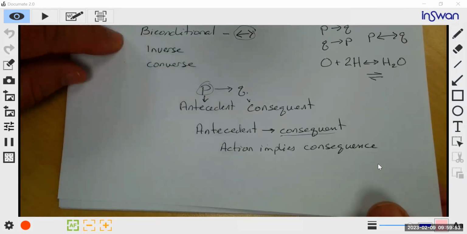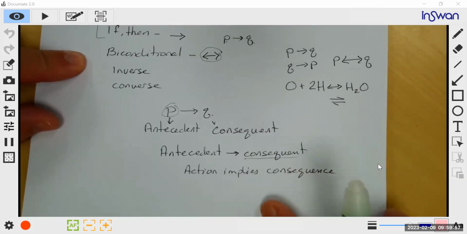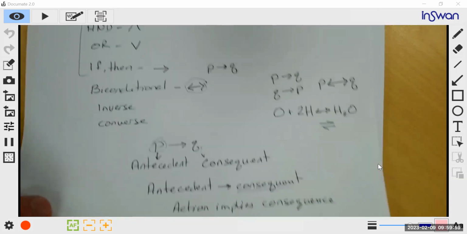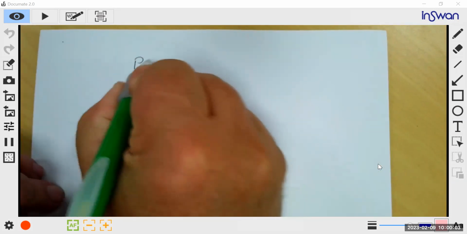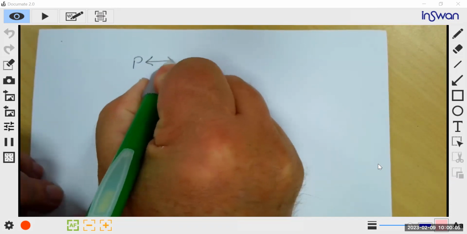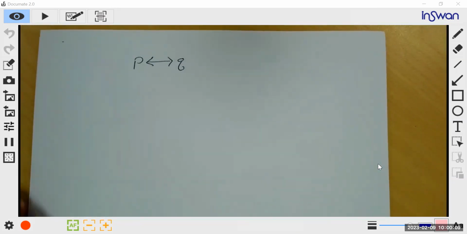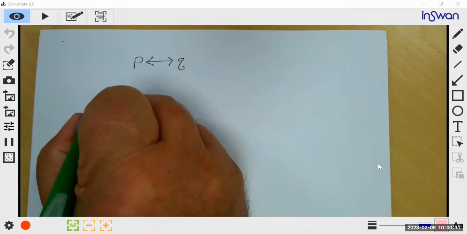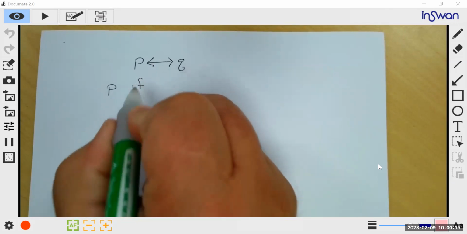Now, how would you read this statement? P, because going this way is an if statement.